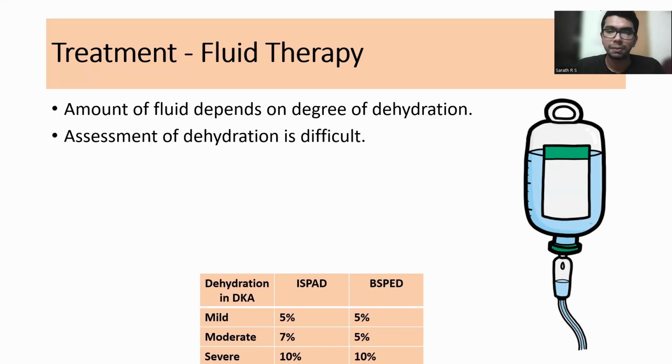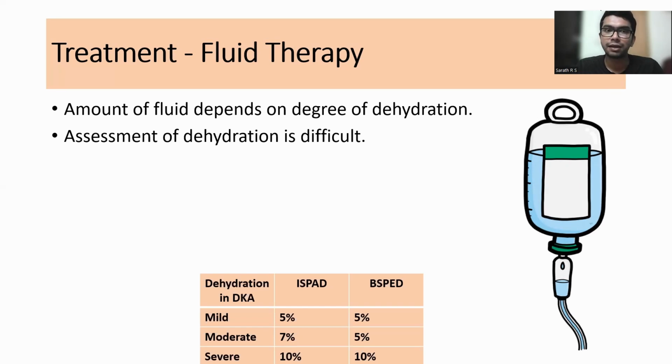What makes fluid therapy difficult is that the assessment of dehydration in diabetic ketoacidosis is very difficult. What happens in DKA is that there is excess glucose in the intravascular compartment due to lack of insulin. Because of excess glucose, which ranges from around 600 to thousands, there will be an increase in serum osmolality.